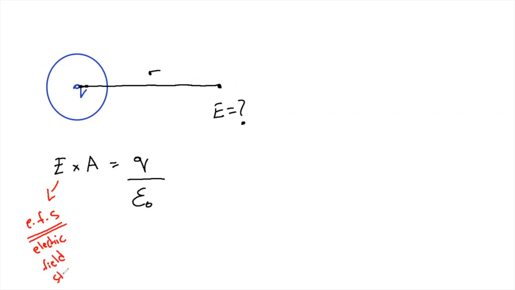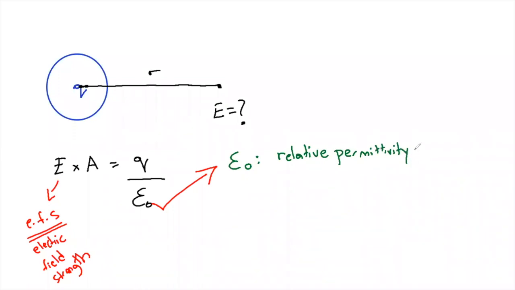Now, what in the world is this? For those who are doing A2 for the first time, you are going to get confused, but don't. This is what all physicists and all students call relative permittivity of free space.